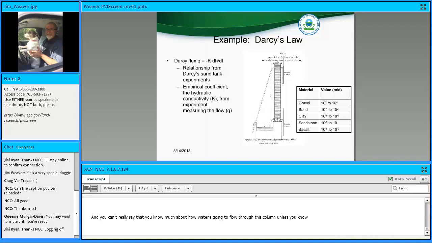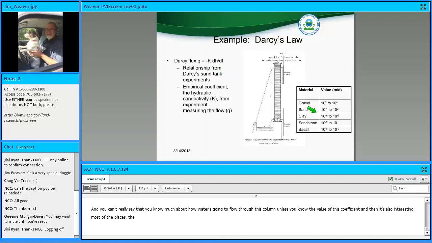And it's also interesting, most of the textbook type references where you're going to look up these values, for a generic classification, give a range of values. Okay, so there's uncertainty unless we're going out and measuring all these parameters.